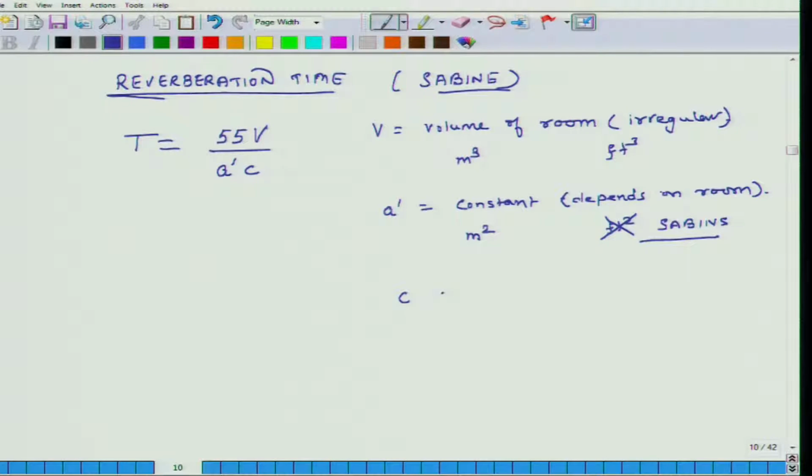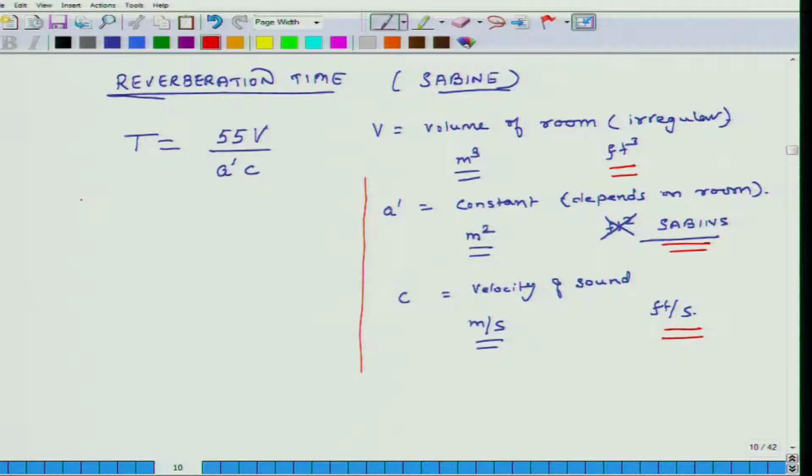And then C is velocity of sound, which is either in meters per second or in feet per second. So I use these units to calculate my room constant.